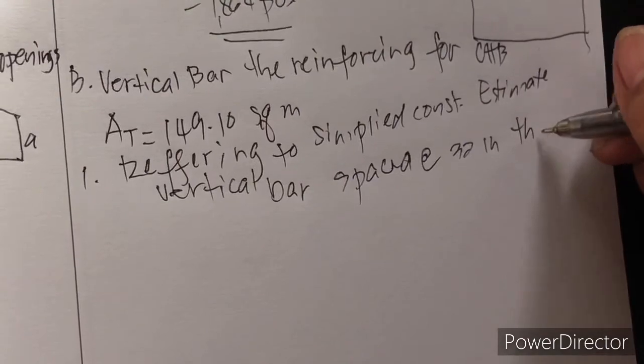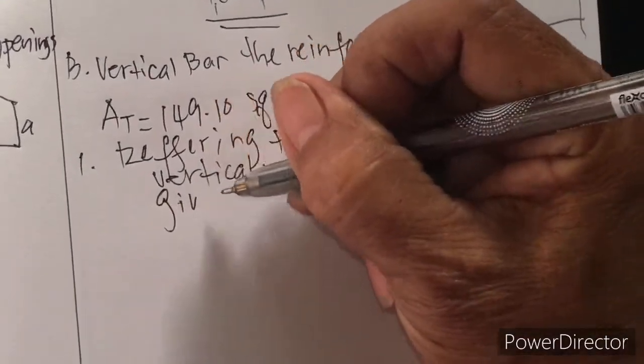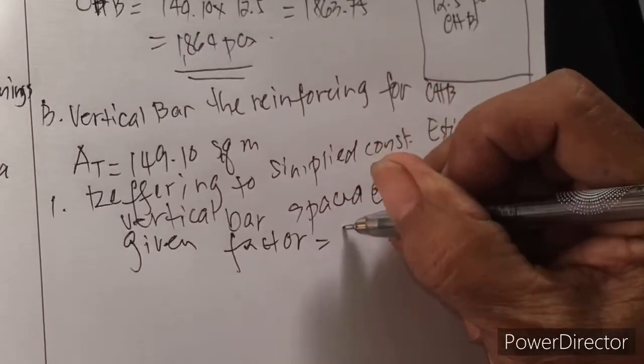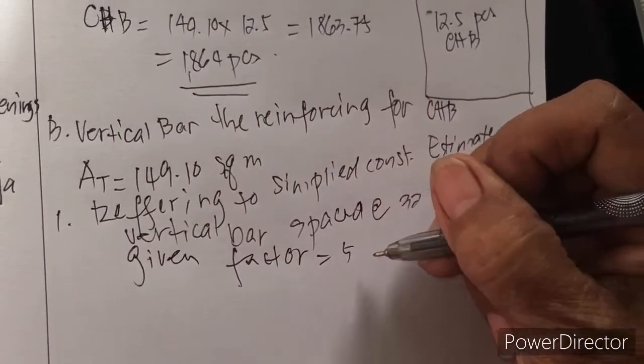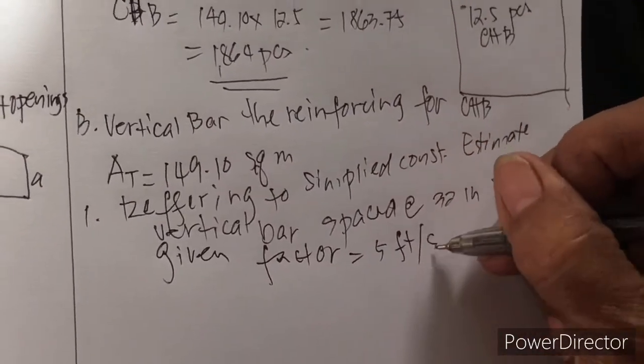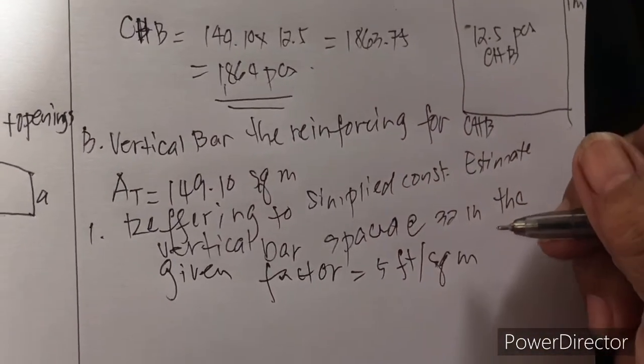The given factor equals 5.5 feet per square meter.